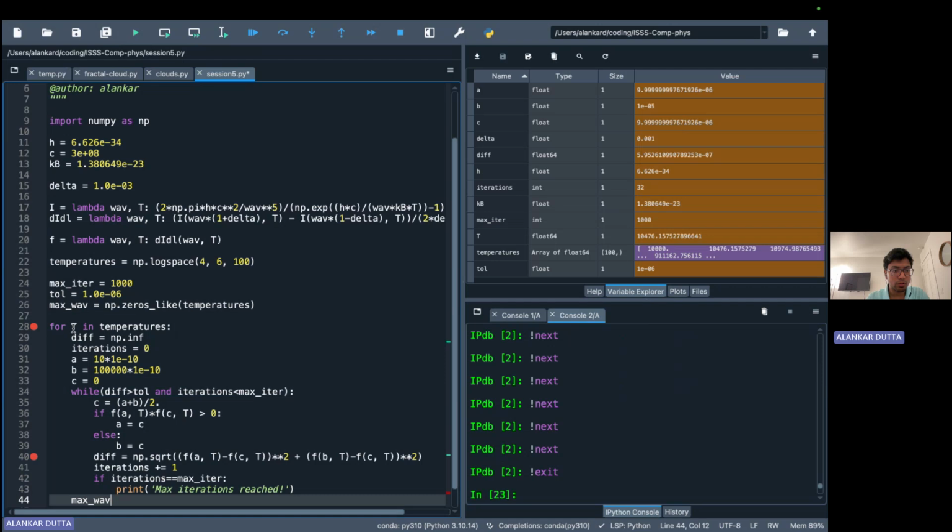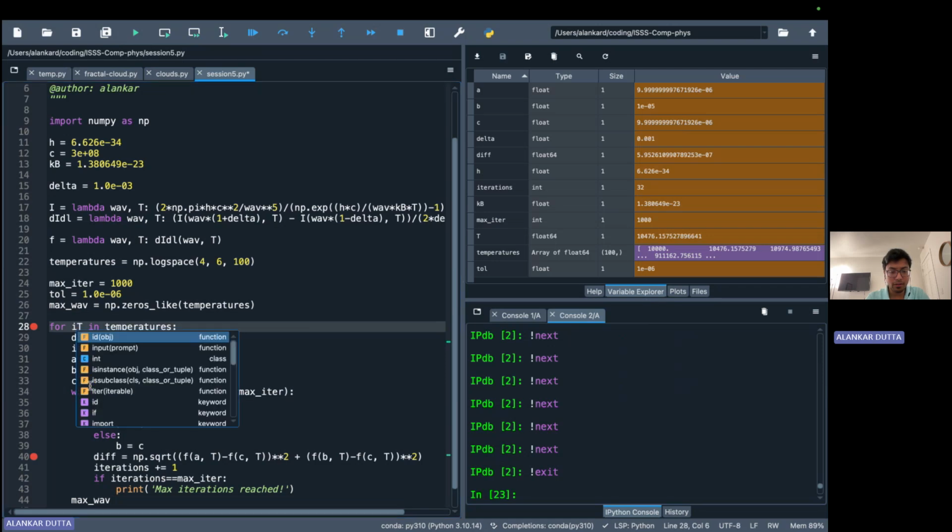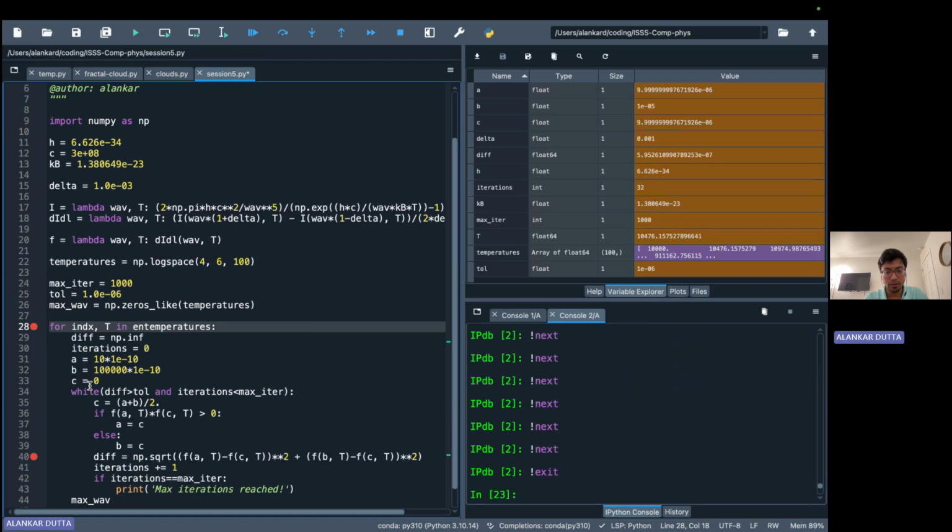And again, I'm going to use the index, and the enumerate function, which we have covered in one of the previous classes, which just gives you the index as well as the value. So here I will give the index.